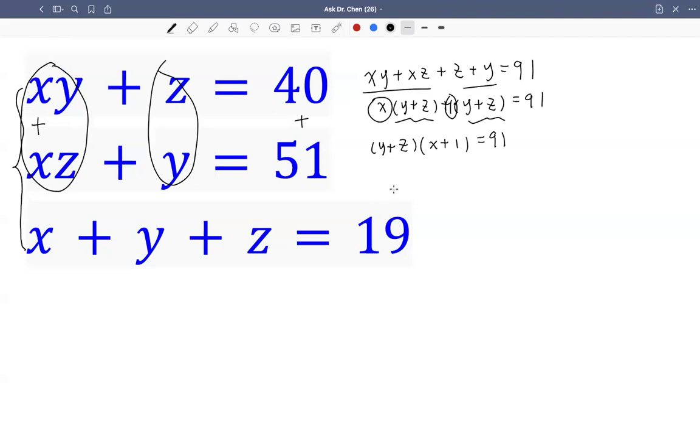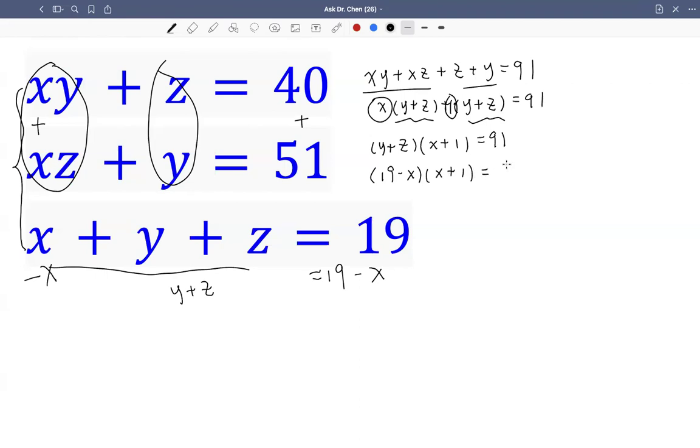What's good about this is that we can use the third equation. If we subtract x on both sides, we say y plus z equals 19 minus x. So let's do that. So y plus z now is 19 minus x.